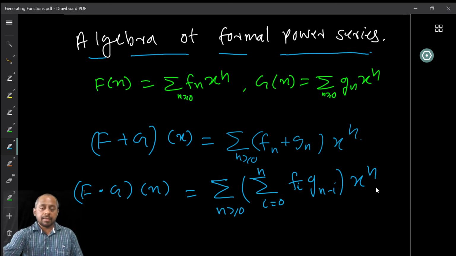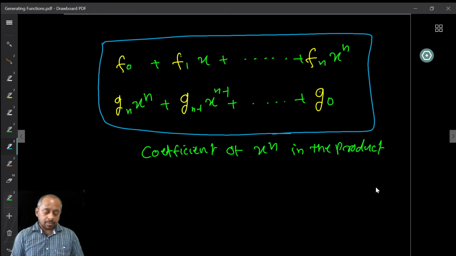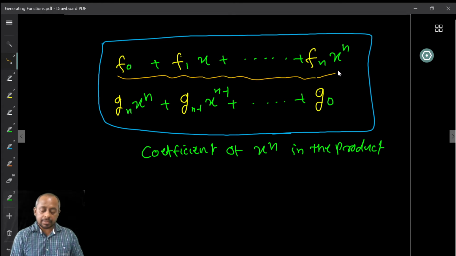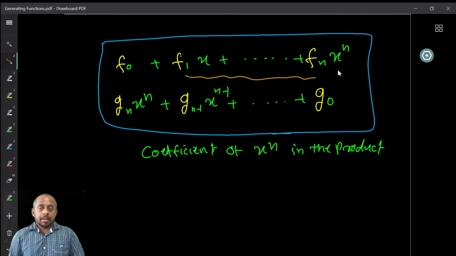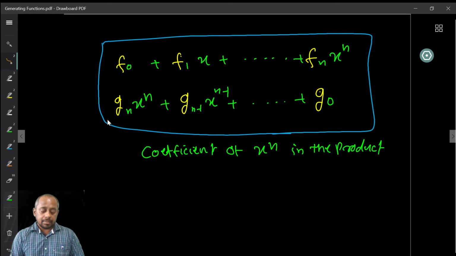So to see this more easily, we can look at the following figure, right? So you have the first series in which you have these terms f0, f1 x, f2 x square, etc., fn x raised to n. Now if you take these terms and then multiply with these terms in the second series, gn x raised to n, g(n minus 1) x raised to n minus 1, etc., then how can we get x raised to n, right?